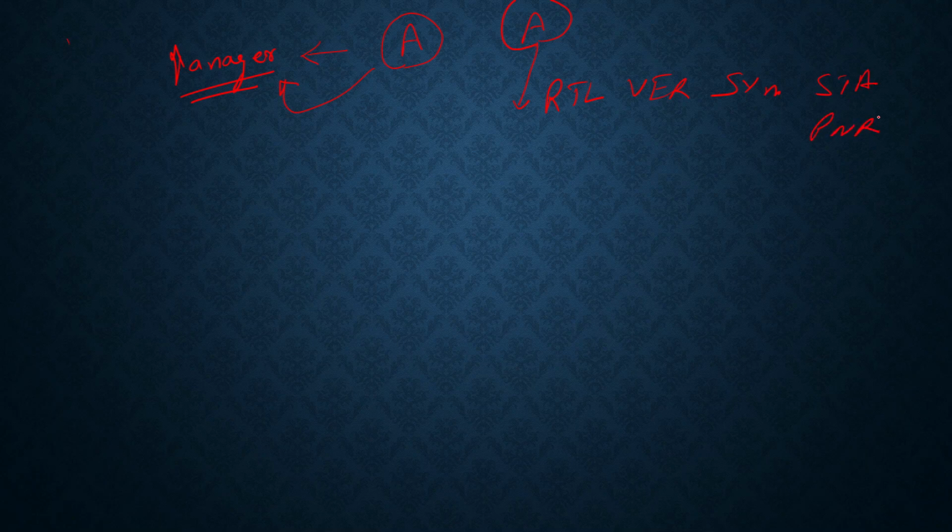A lot of things are there in the background. Emulation, FPGA in parallel. We many times do RTL and FPGA both and try to match the results of these two.